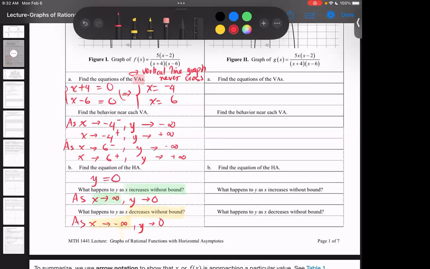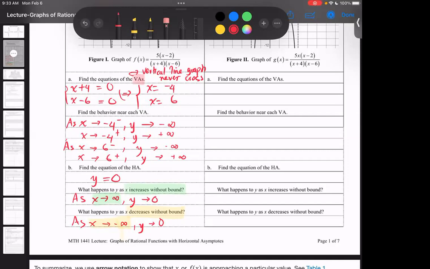So the difference between a horizontal asymptote and a vertical asymptote, the first thing is that the horizontal asymptote approaches a number, right? When x is decreasing or increasing without bound, right? Whereas a vertical asymptote is what? When you get close to a certain value, the height goes crazy, right? Either shoots up to infinity or drops down to negative infinity. So that's the difference.